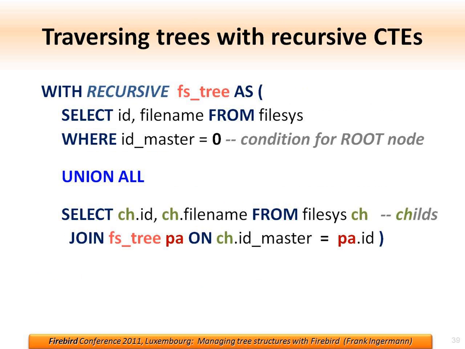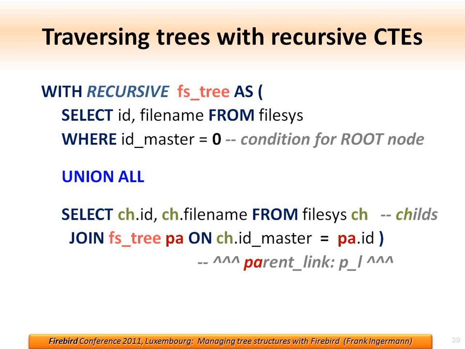So here's where you have the thing. The file system tree is really where the parent node lies, and the link condition is that I have the field ID master, the table, which points to the parent node, and you just take the join condition as that the ID master of the child must be the parent ID, which is actually coming from there.